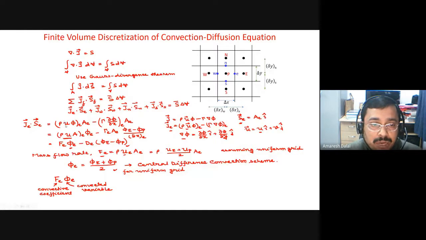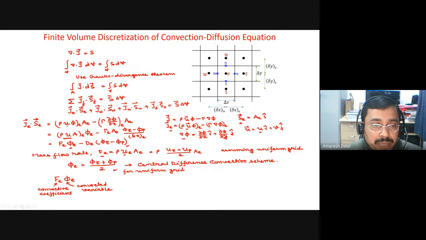So this is rho u phi_e A_e, where e means at the east face, minus gamma del phi by del x at the east face times A_e. This we already know how we have discretized, and it is minus D_e (phi_E minus phi_P).